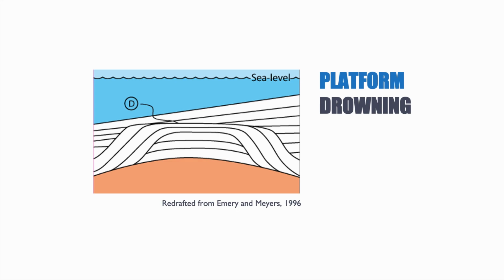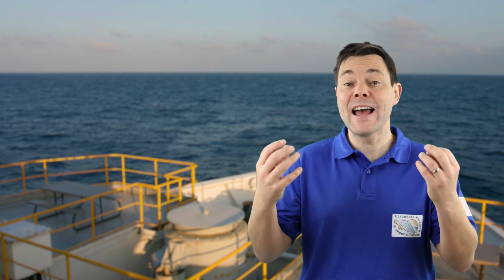Platforms that otherwise are doing very well all of a sudden start to be drowned. And the key to platform drowning is probably ecology again. It's probably something in the system, in the environment, that made carbonates less able to produce, and so that leads eventually to their demise through carbonate drowning.